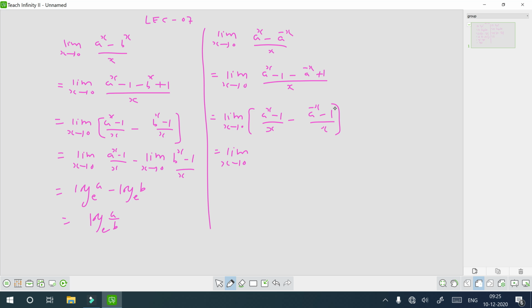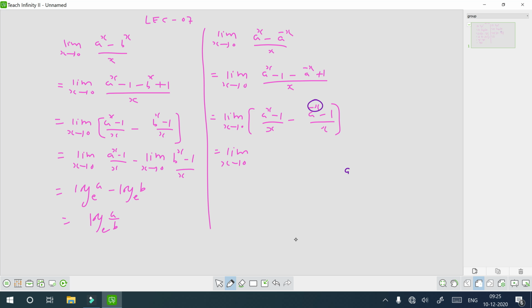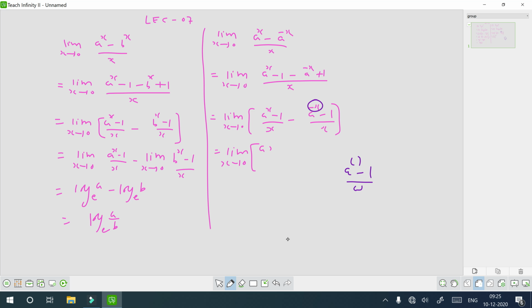Now one thing we have to see here. Here a raised to minus x is given. See, a raised to minus x. So a raised to some function minus 1 over that function is what we need. So in this limit, a raised to x minus 1 over x, can I write here plus a raised to minus x minus 1 over minus x?